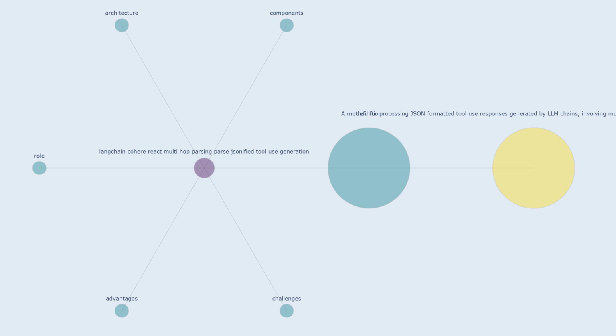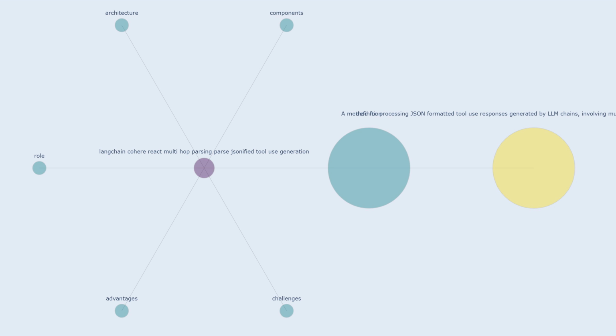The LLM could generate instructions for a tool, such as a search engine, to retrieve relevant information. The tool's response, in the form of JSON, would then need to be processed and parsed to extract the necessary data for answering the original question.